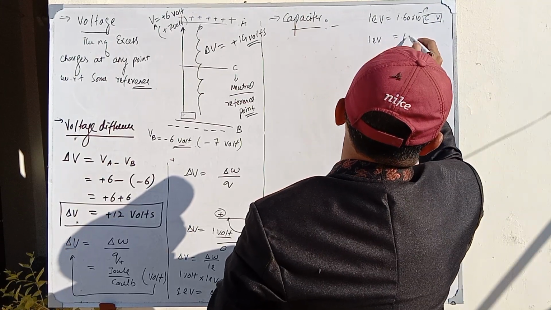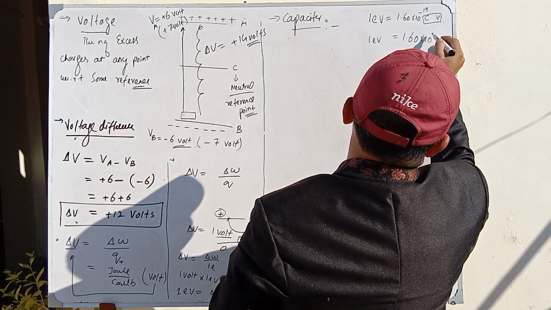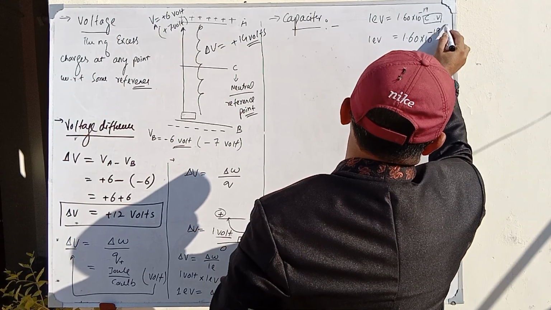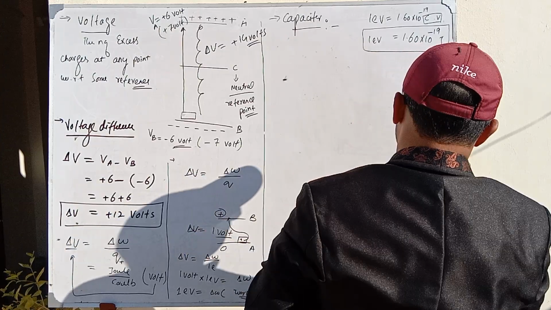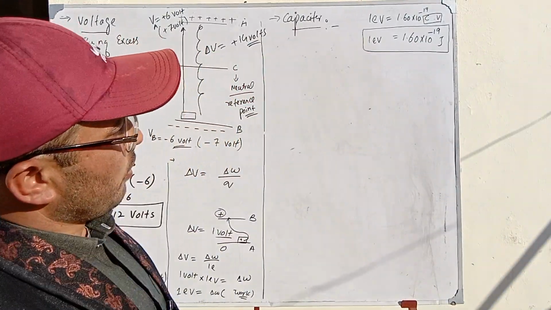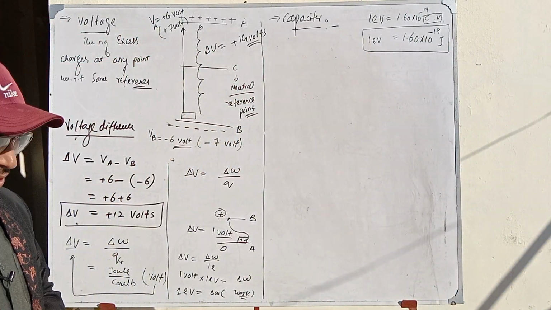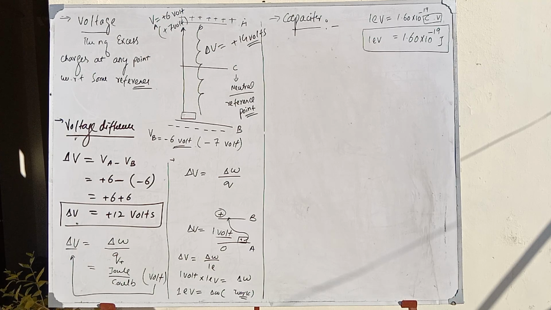So 1 eV is equal to 1.60 times 10 raised to the power minus 19 joule. This is a simple relation which inshallah will be used in nuclear physics, where I have to convert the mass defect into binding energy.